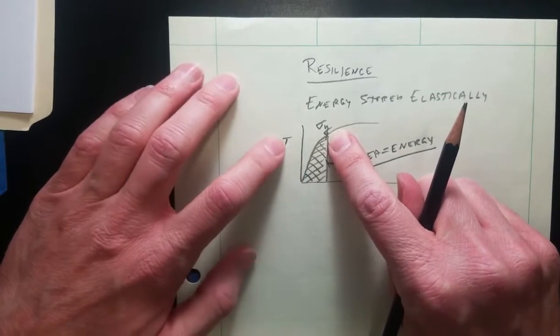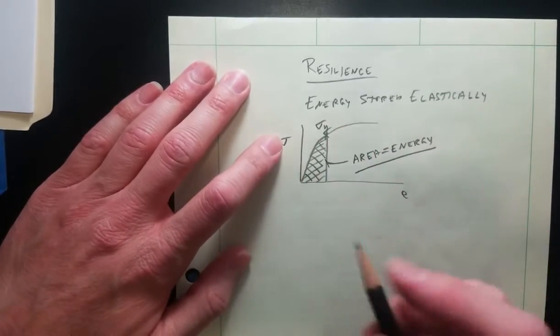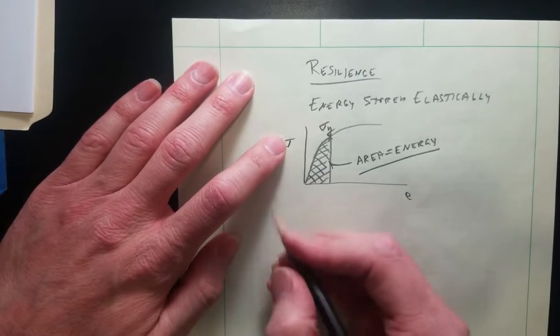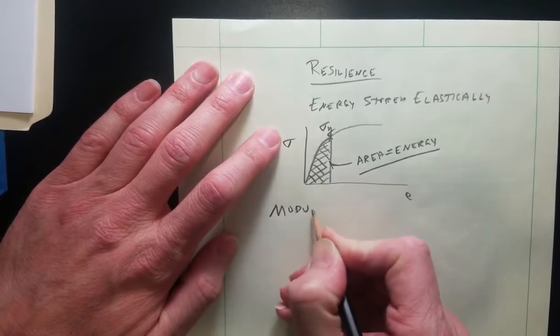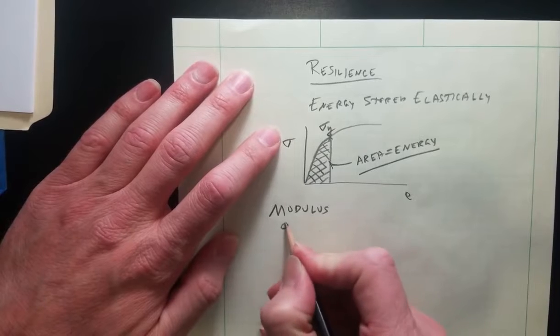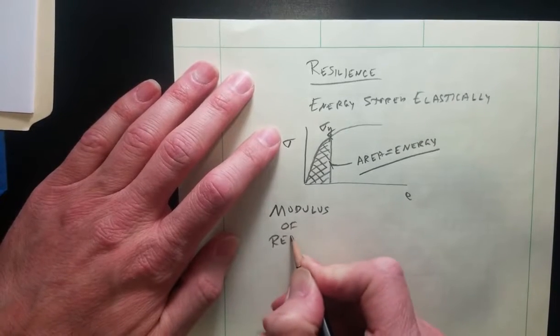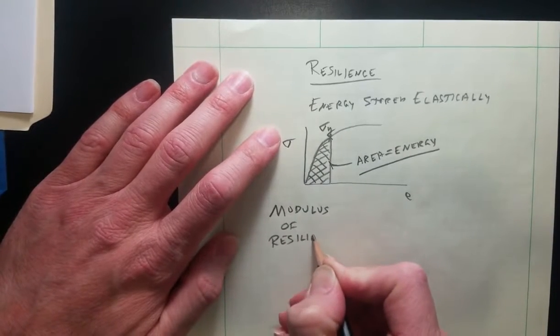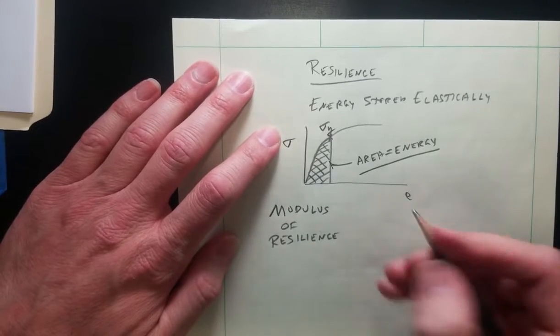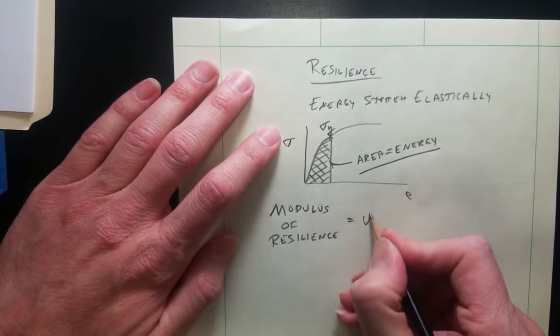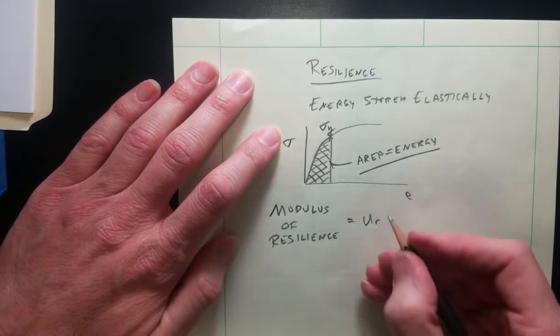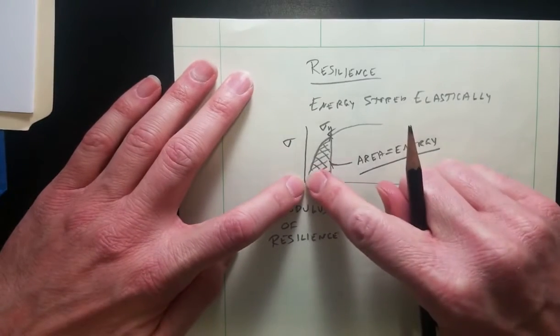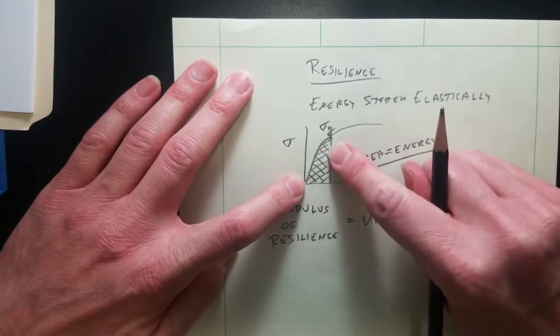We classify this energy as what we call the modulus of resilience. And your textbook is using a little U_R for that. And that's going to be the integral of this to add up that area.